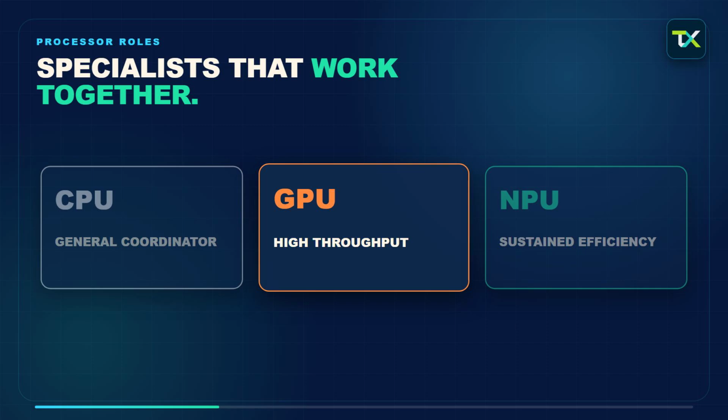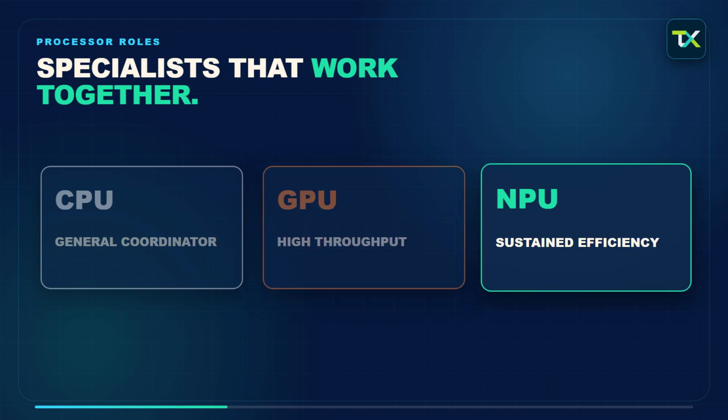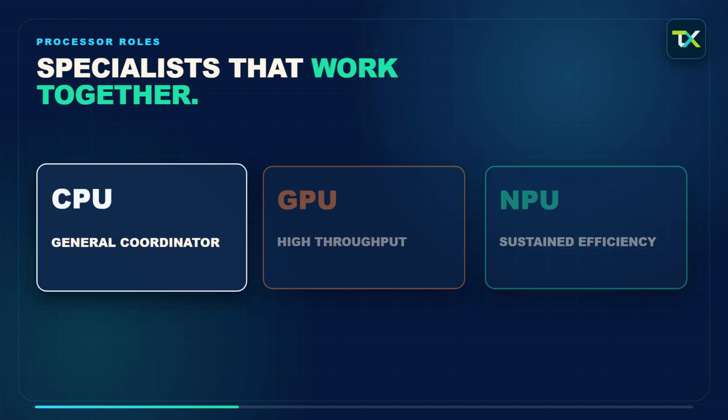The NPU is designed for battery-efficient, sustained on-device inference when the application supports it. That makes an NPU relevant to supported background effects, cognition tasks, and particular Windows artificial intelligence experiences. It does not make the CPU or GPU obsolete.